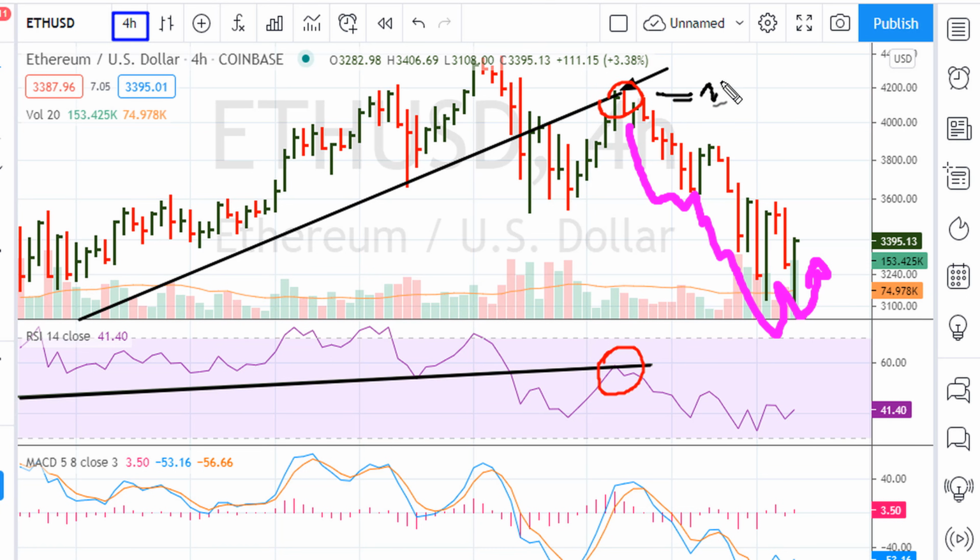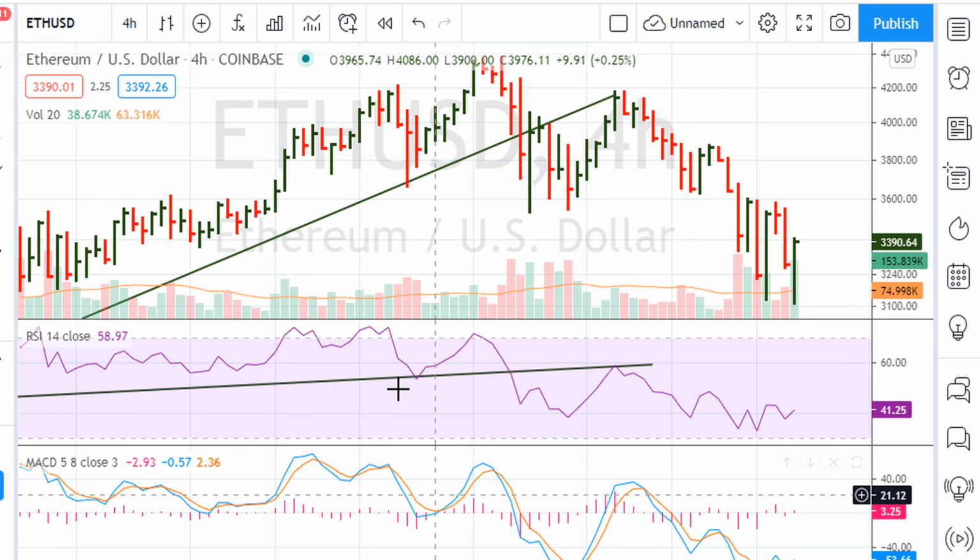This is or was at about 4,100. The lows here 3,100. So a big drop from here to here given by this signal. All right, let me explain where they come from.